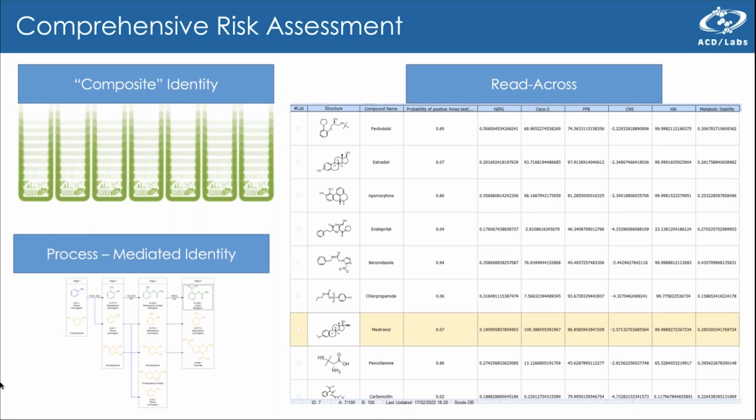You also want the ability, for a given substance, in this case, if I have a process mediated composite identity, to see the properties of those individual compounds, display that in one view and really get a comprehensive read across of risk assessment in one interface, a pivotable interface, I think, is the important point here.